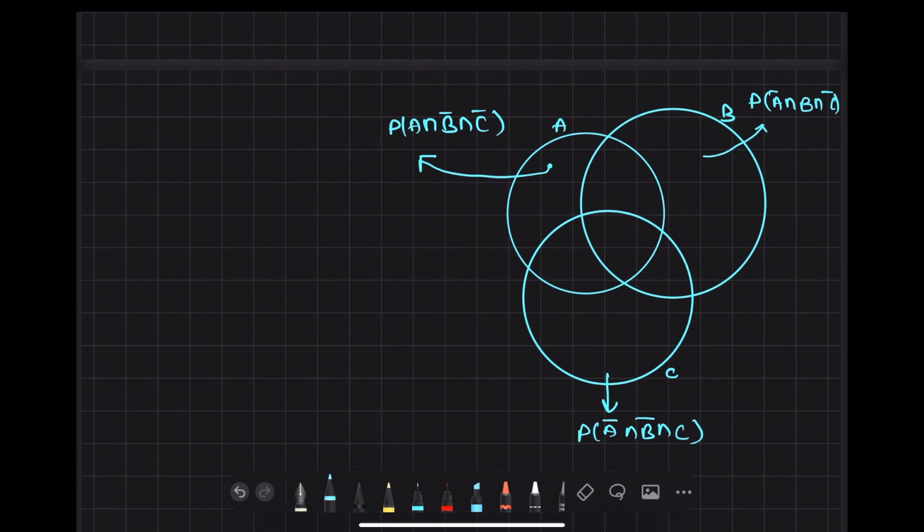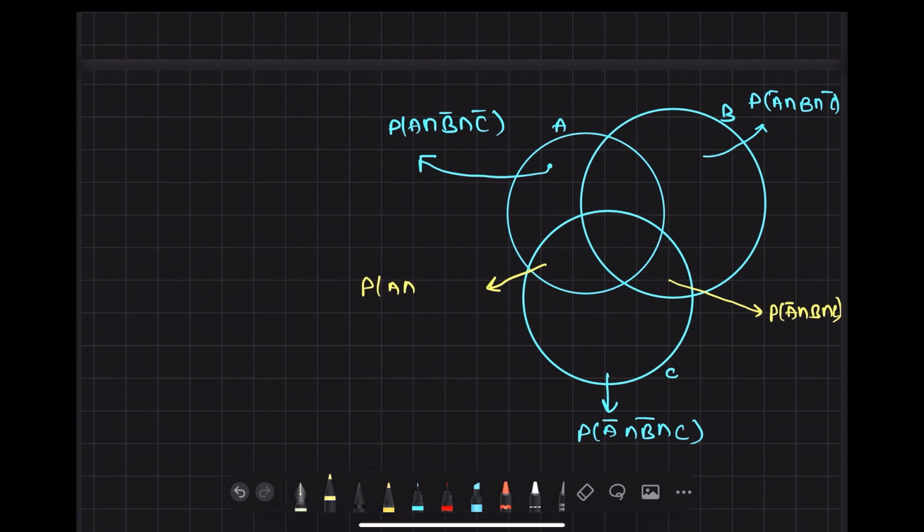Now suppose we are talking about this room. Probability of A intersection B intersection C. You know that it is inside A and B, inside B and C, but outside A, so put a bar on A. Who is this room?